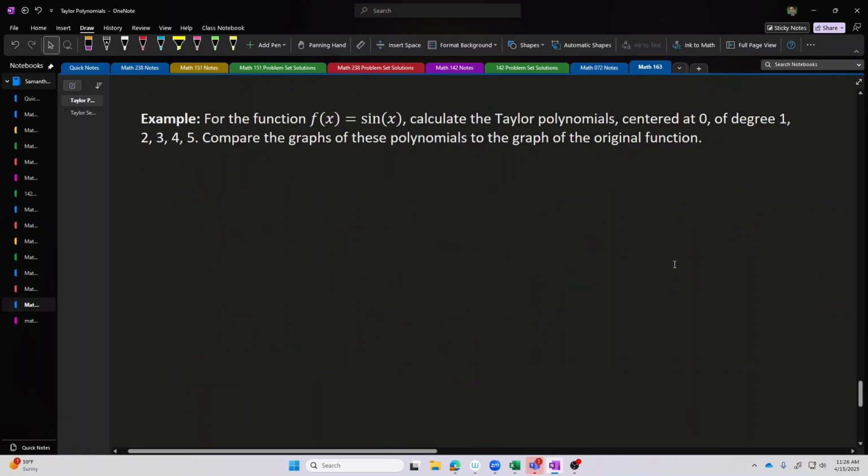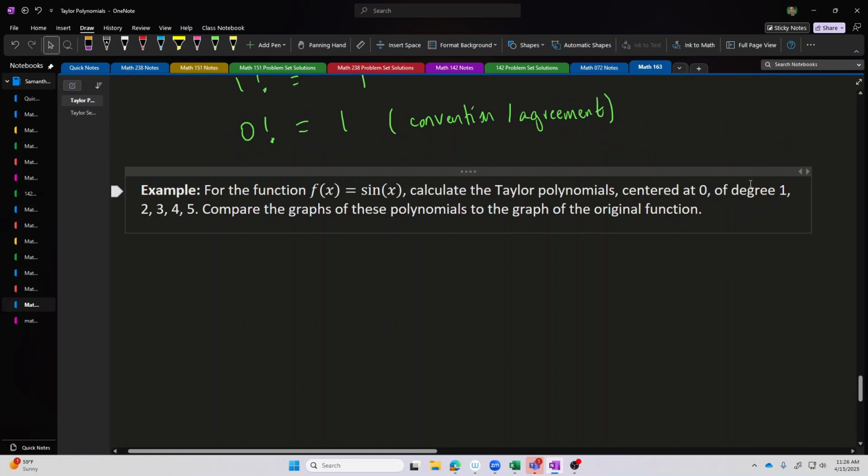So let's get some practice calculating some Taylor polynomials, for example, for the function sine of x, calculated specifically at a value of 0. And we'll calculate these Taylor polynomials for degree 1, 2, 3, 4, and 5. And we'll compare those graphs to the graph of the original sine function.